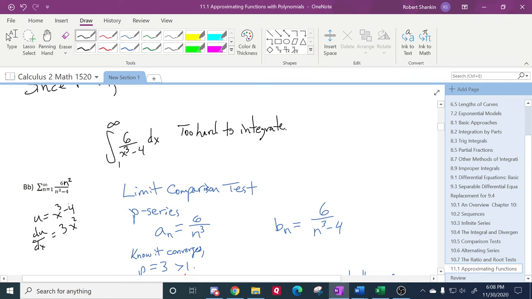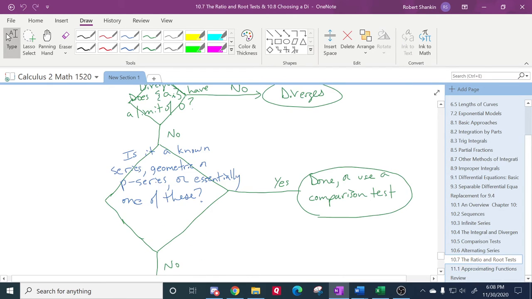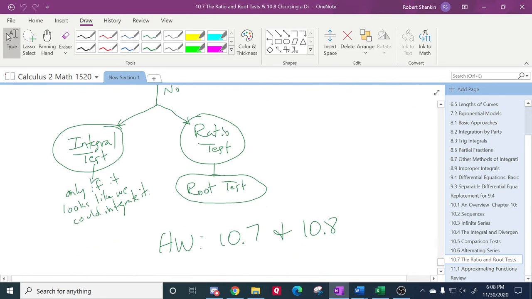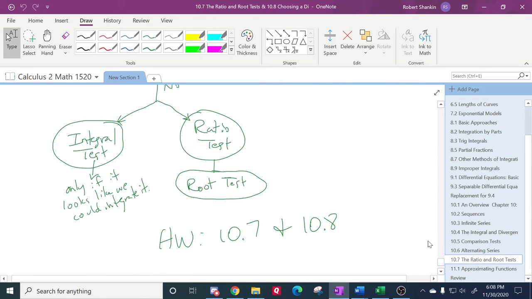And you see that would show up in that one, you could integrate. So that one, again, on this flow chart, integral test, only if it looks like we could integrate it.